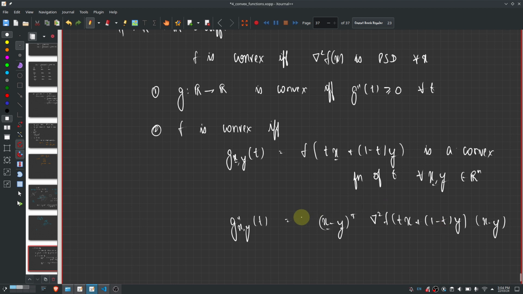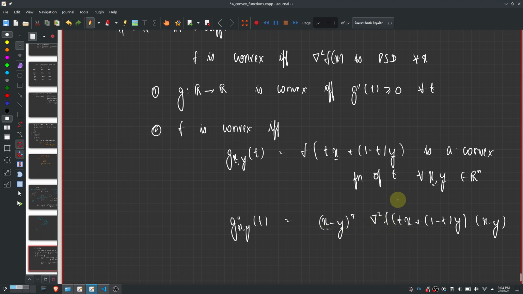So why does this imply this? When is the second derivative greater than or equal to 0 for all x, y, and t? So the Hessian has to be PSD for every point in its argument, right?